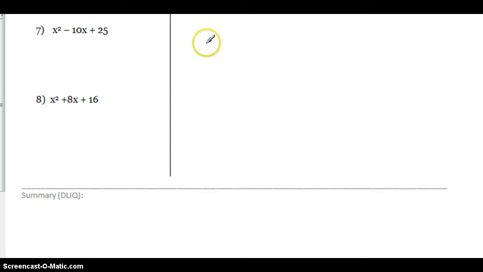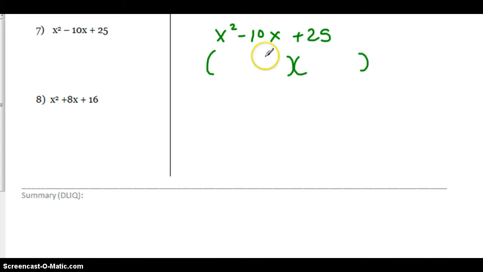Our number 7 is a perfect square trinomial. So let's see what that means. We can do it the same way, our reverse FOIL using logic. So x times x would be equal to x squared.